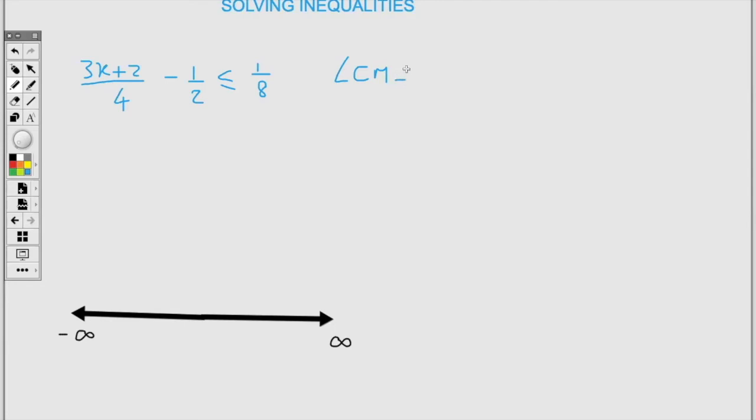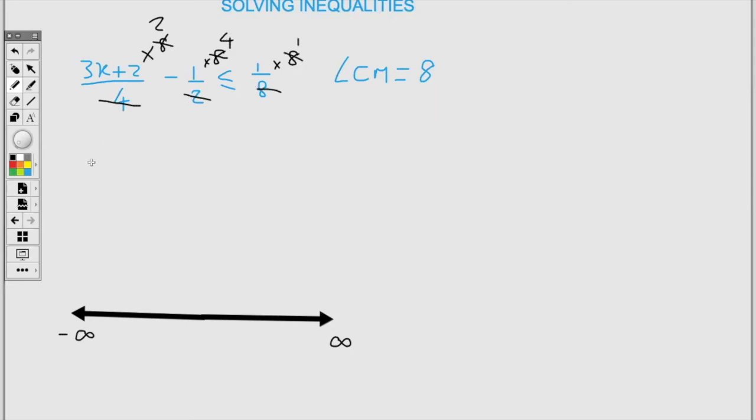So we'll be multiplying each of these terms by 8: the first one by 8, the second by 8, and the third term by 8. So 4 into 8 goes 2 times, 2 into 8 goes 4 times, and 8 into itself goes 1 time.